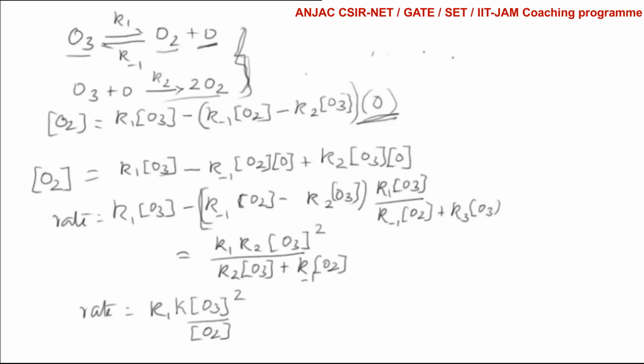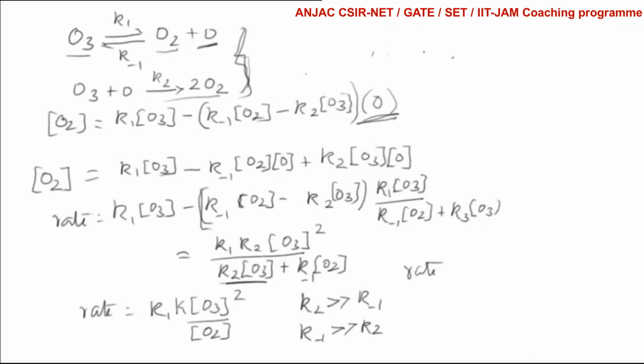If you take k2 with O3 as the slowest step, your equation will change. Take k2 very much greater than k-1, then you will get another type of rate. Or applying the condition k-1 very much greater than k2, you will get some other equation.